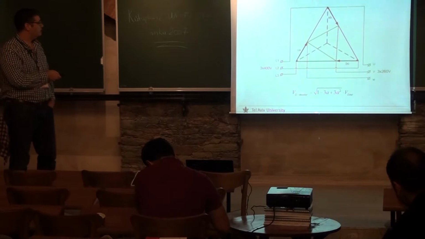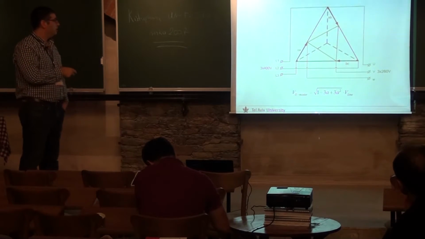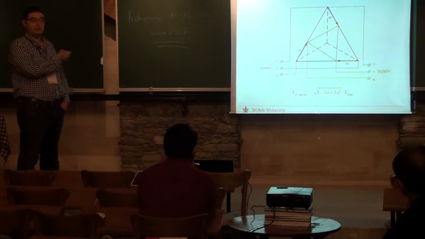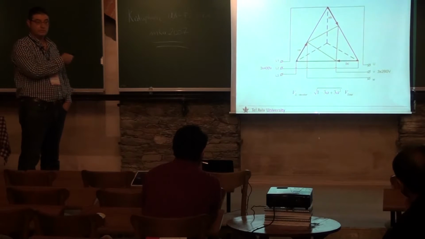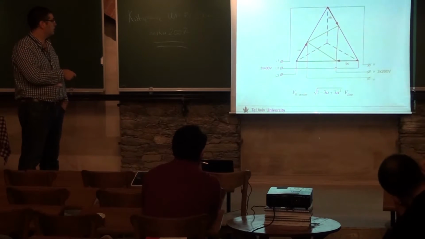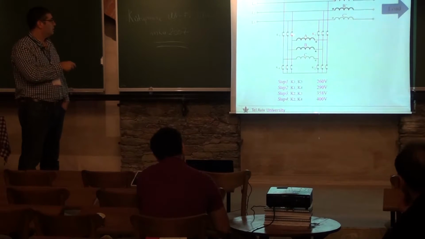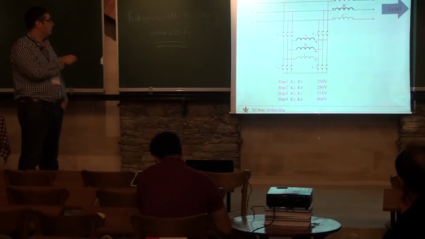So one case is this one. This is the line, 400 volts, okay? And then on the secondary, the primary was connected in delta as well. Have a look here, K1, K3. So for instance, this phase connects from line 1 to line 2, and so on.